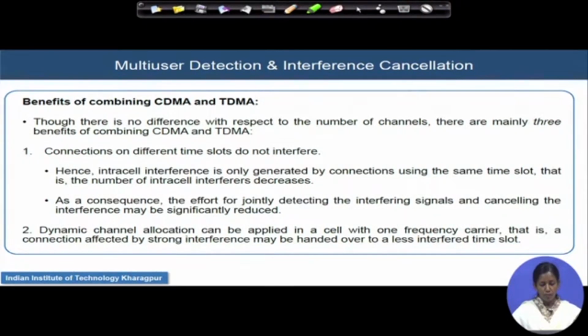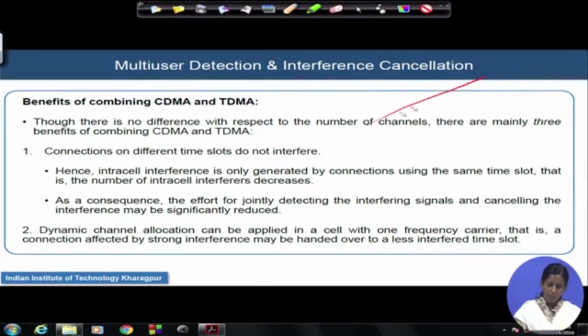So, there are mainly 3 benefits if you do this combination of CDMA and TDMA. See, the communications between the time slots are independent, so they do not interfere with each other at all. The intra-cell interference is only generated from those users who are using the same time slot, and if the same codes are used by another set of users in a different time slot, that will never create any interference to your intended transmission if you are sitting in time slot number 1.